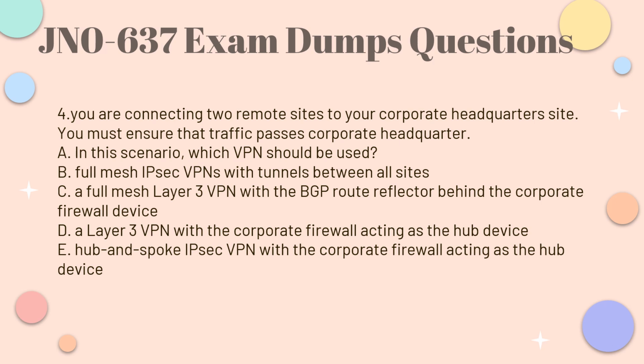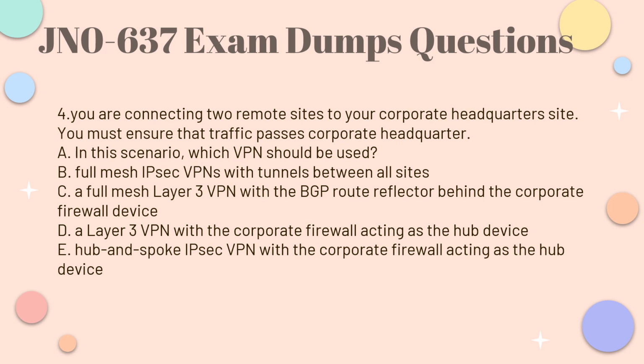4. You are connecting two remote sites to your corporate headquarters site. You must ensure that traffic passes through corporate headquarters. In this scenario, which VPN should be used? A. Full mesh IPsec VPNs with tunnels between all sites.